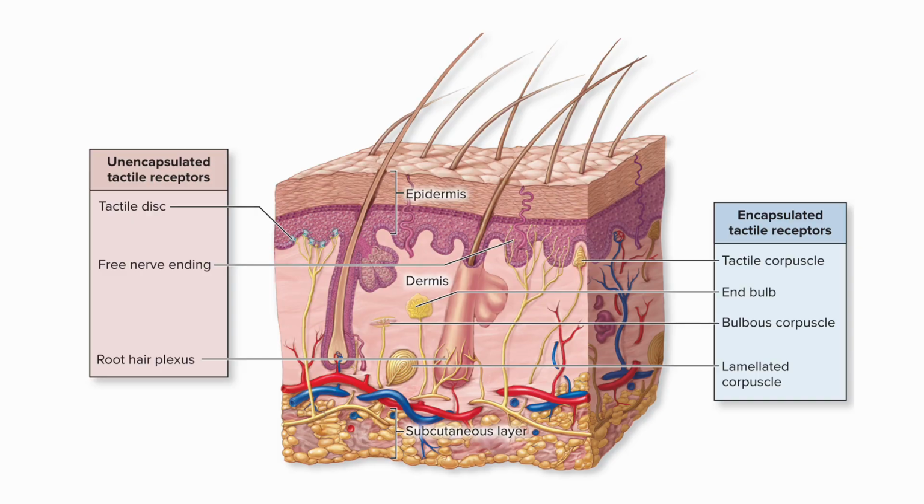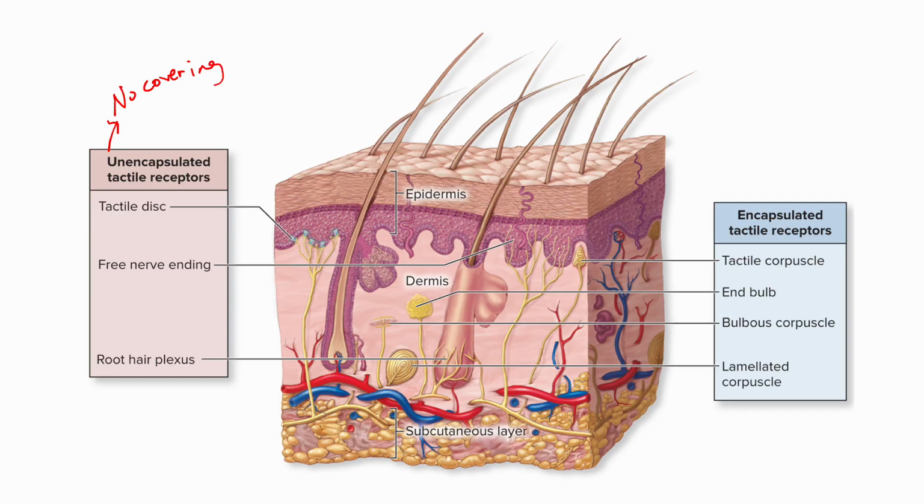So first of all, we have unencapsulated tactile and encapsulated. Essentially, these are going to be dendrites for the most part of our sensory receptors. And if they're not encapsulated, then essentially these dendrites don't have a covering.